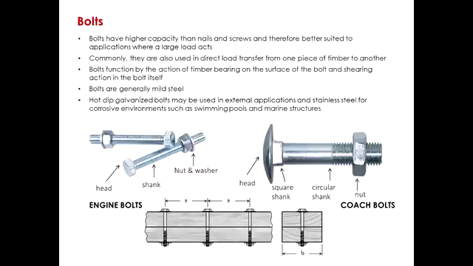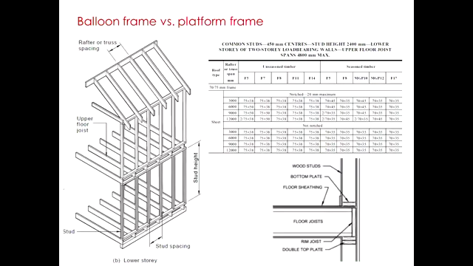It's quite different when we move from balloon framing to platform framing. I think today I'm really tired. But anyway, that happens. Platform frame. So the difference is very important and obvious.